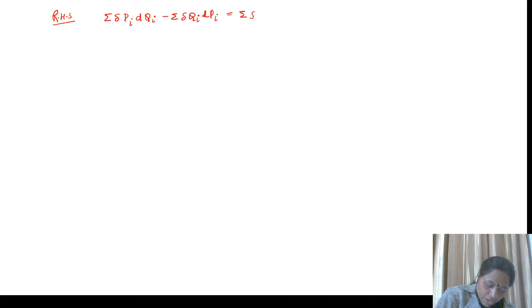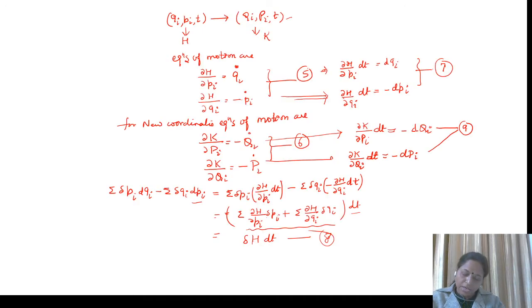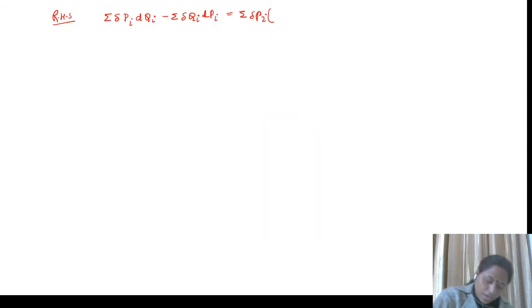What is this side? Sigma delta pi dqi minus sigma delta qi dpi, right hand side. It is summation delta pi. Now what is dqi? Look at here, dqi is delta K delta pi dt with minus symbol.